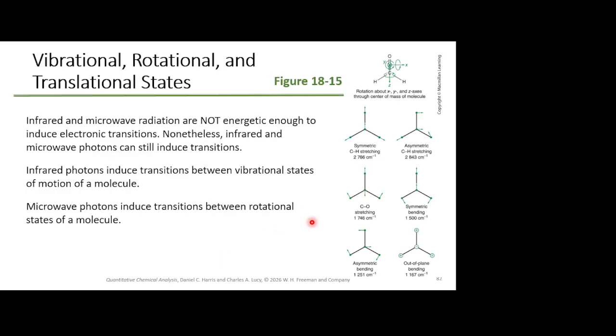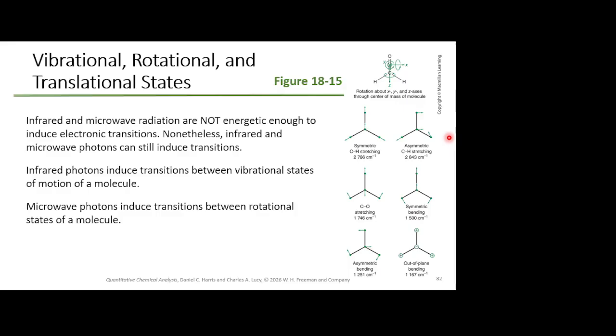Okay, so the infrared and microwave radiation, they're not energetic enough to induce electron transitions in most organic compounds. Okay, and so they're still going to induce transitions. The infrared photons are going to induce transitions that we refer to as vibrational states of motion of the molecule.